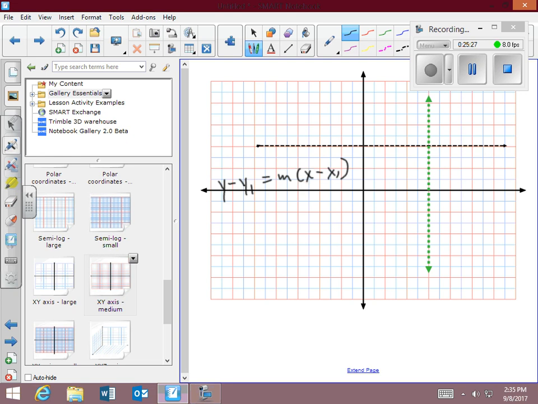Okay, the slope of a line parallel to the y-axis is undefined. That black line is parallel to what? The x-axis. So this one, the slope is undefined. What's the slope of this line? That's right.